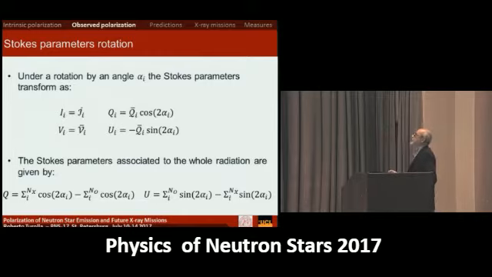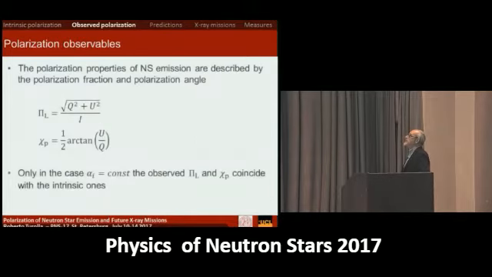So starting from this expression, one can derive very easily the total Q and the total U for radiation emitted at different points along the star surface. And of course it depends on alpha, and alpha will change according to the different positions on or close to the neutron star surface.